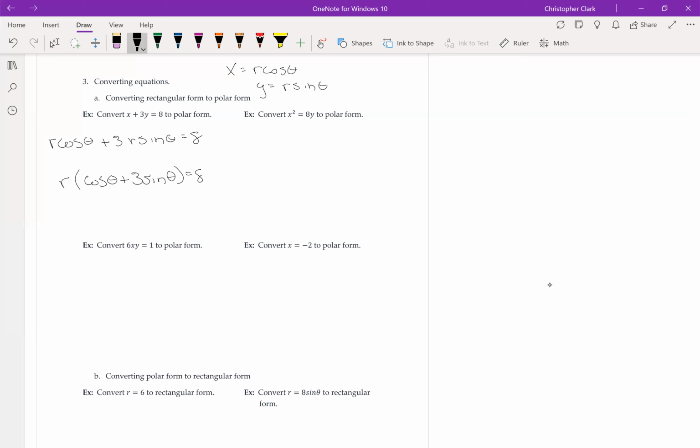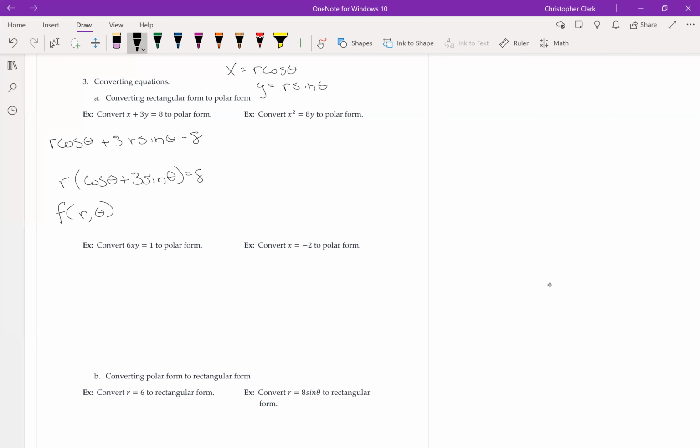And we can leave it like that because this is an equation of the form f of r theta. This may not seem like it's simplified, but this is a good form to leave it in. Okay, let's try this one.